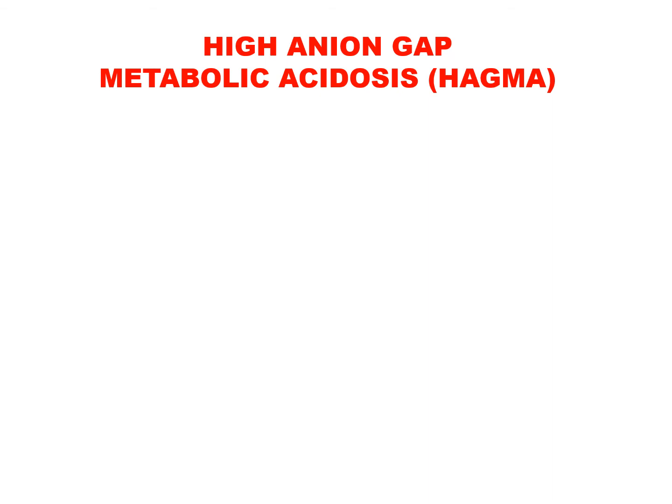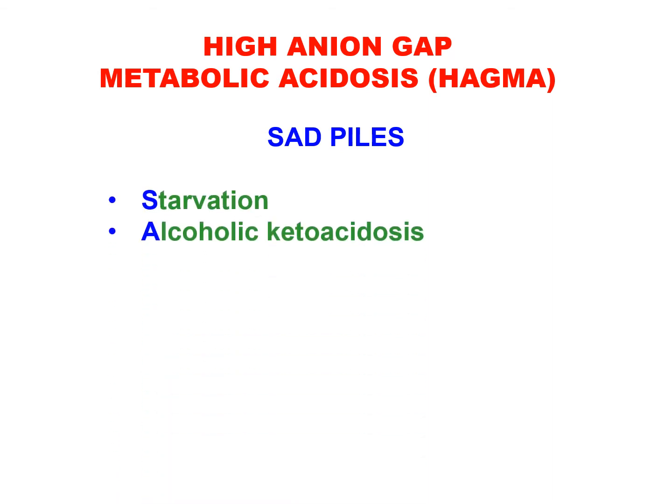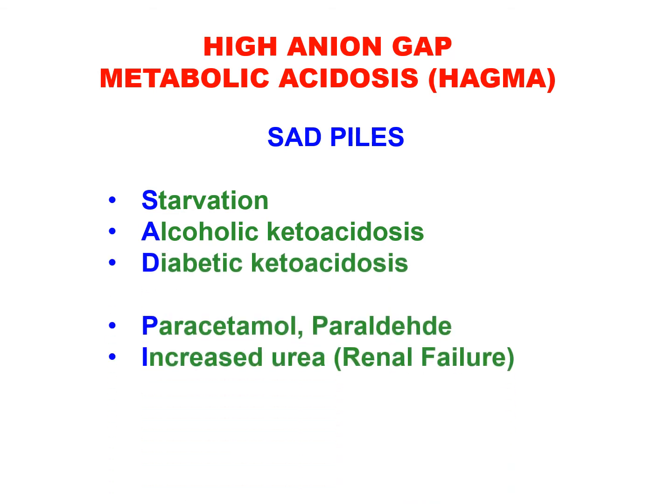High anion gap metabolic acidosis can be learned as SAD PILES: starvation, alcoholic ketoacidosis, diabetic ketoacidosis, paracetamol, paraldehyde, increased urea, renal failure, ethanol or methanol, and salicylate. If you observe properly, these conditions lead to a rise in unmeasured anions.